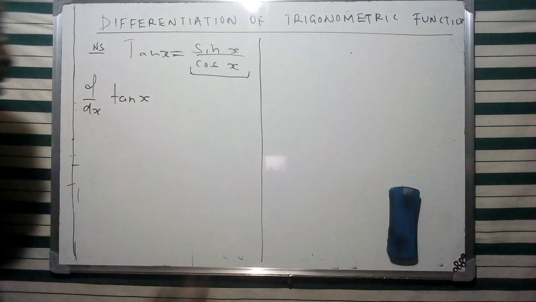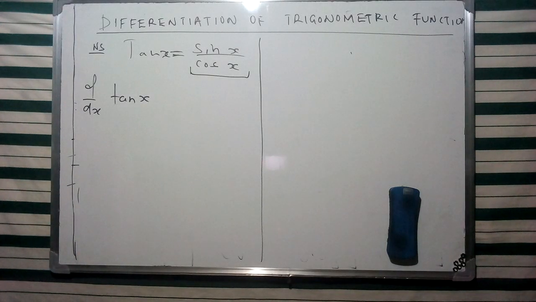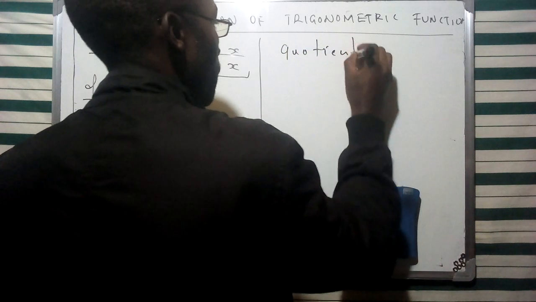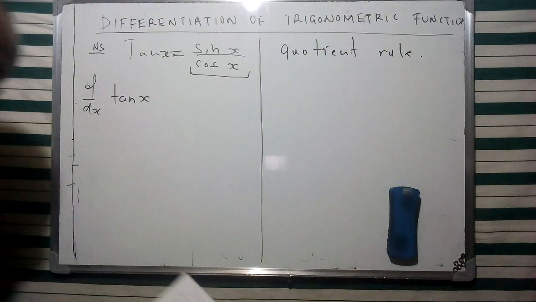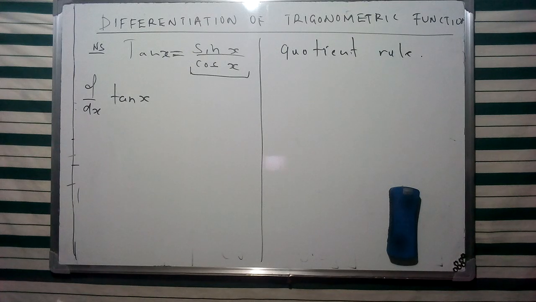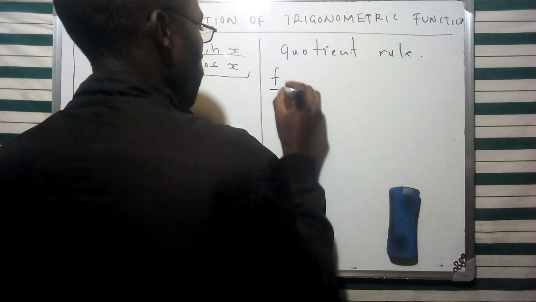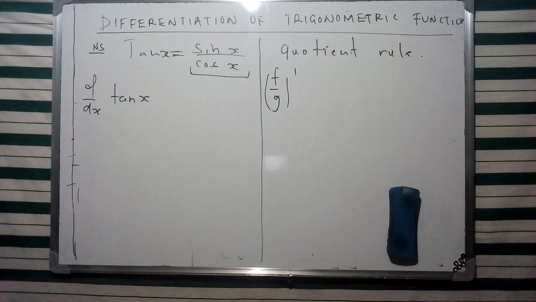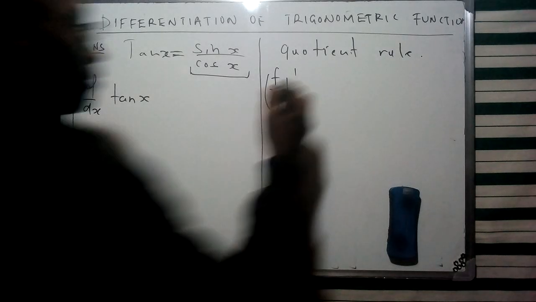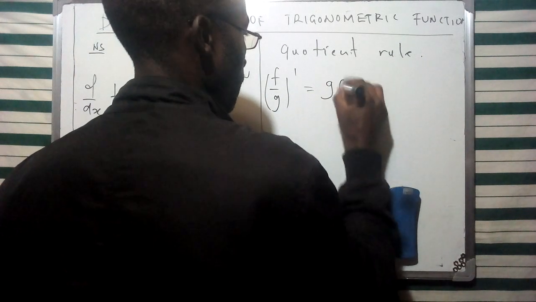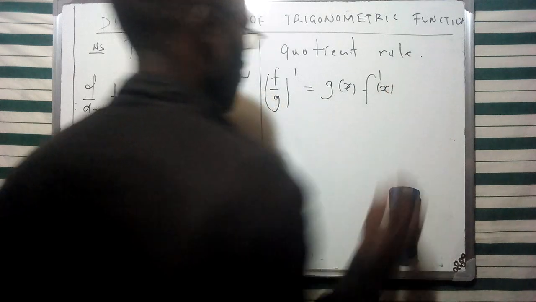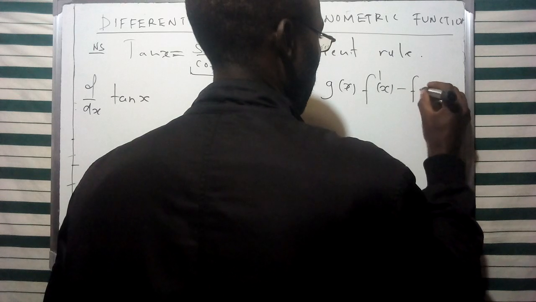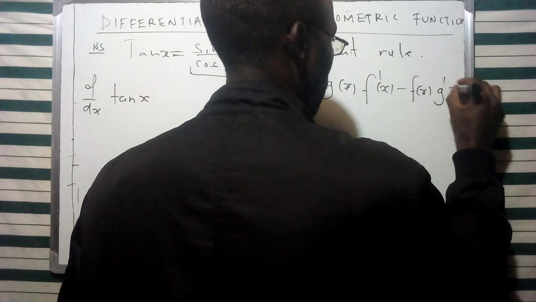And of course this is going to be achieved using one of the rules we have studied, the quotient rule under differentiation. We said that for the quotient rule, if we have two functions given as f over g, we are going to find the derivative of that specific function given as g(x) f prime of x, given as such. And then we're going to have f(x) g prime of x, given as such.